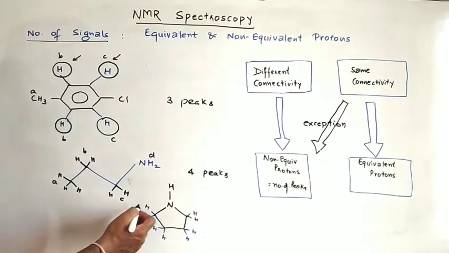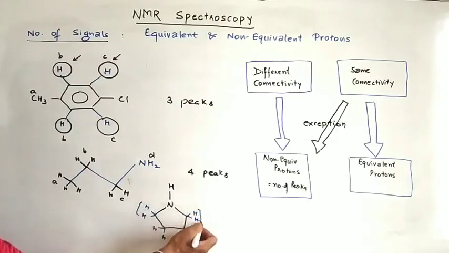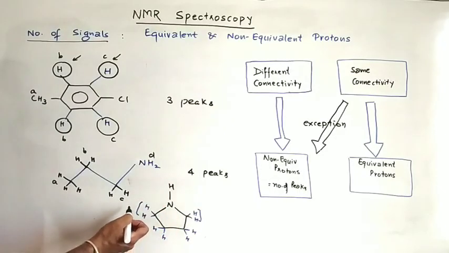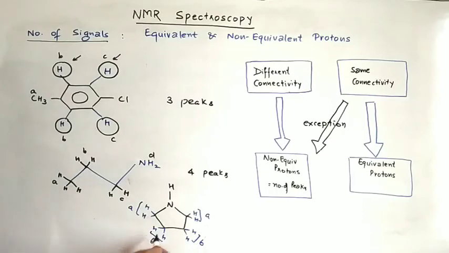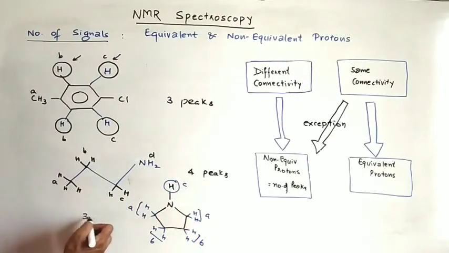These 4 protons, these 2 and these 2, have the same connectivity as downside CH2, upside the nitrogen. It means they give a single peak. These 2 protons and these 2 protons give a single peak, B, and this proton gives another peak. So this molecule gives 3 peaks.